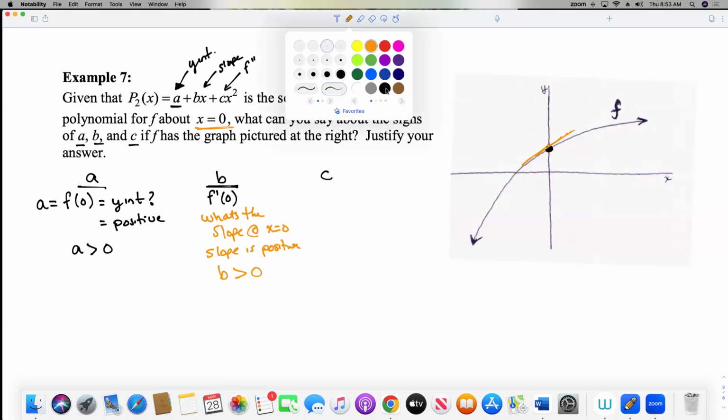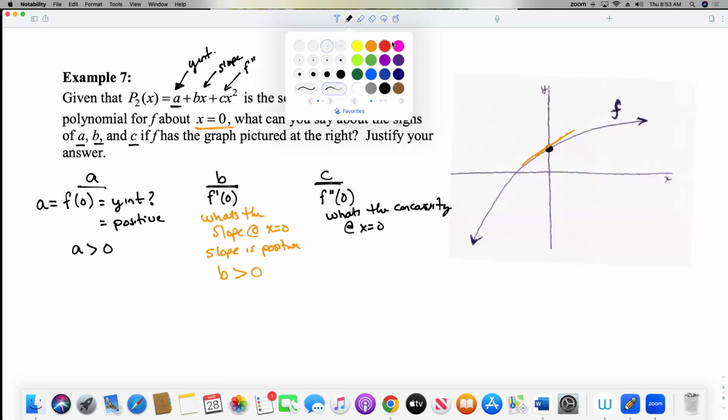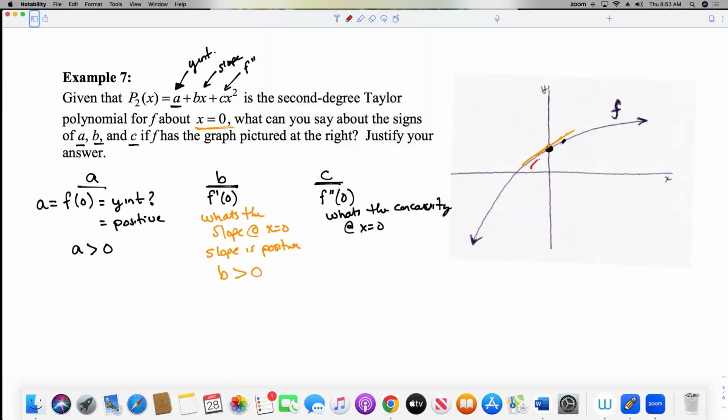And then the last part is c. C comes from the second derivative at 0. And remember, the second derivative is saying, what's the concavity at x equals 0? And in this case, it is concave down at x equals 0.